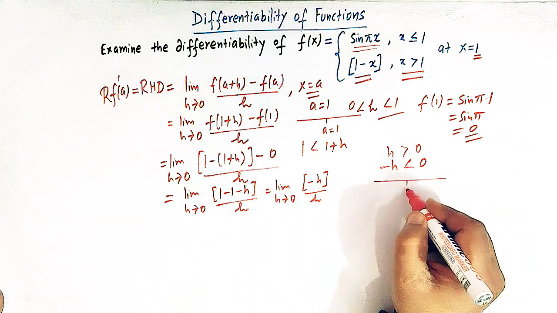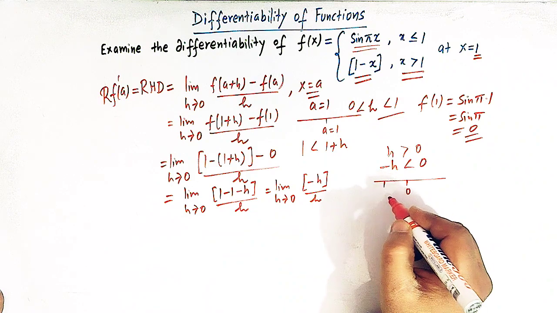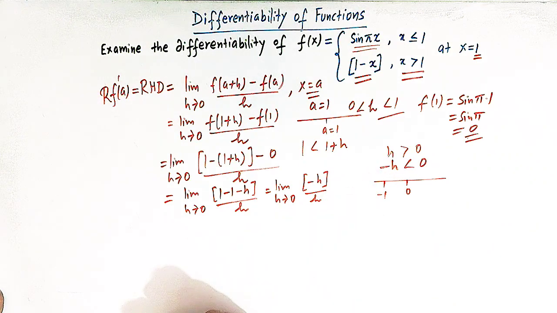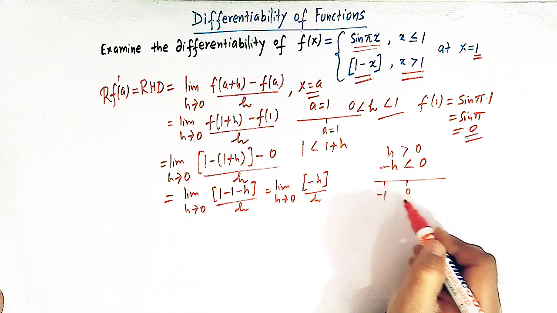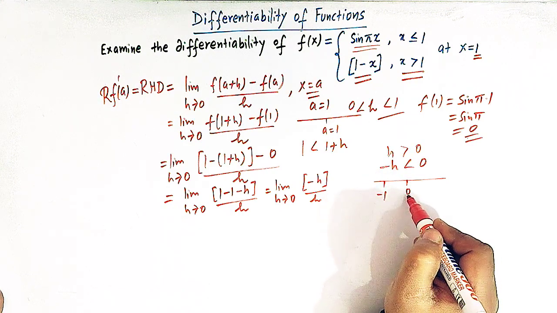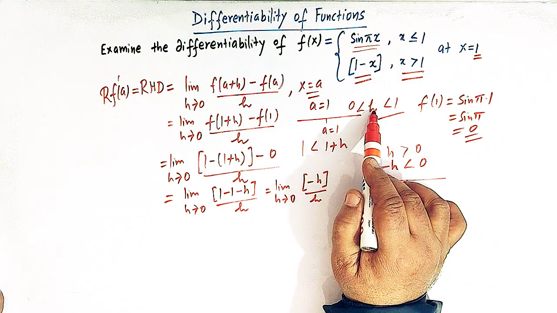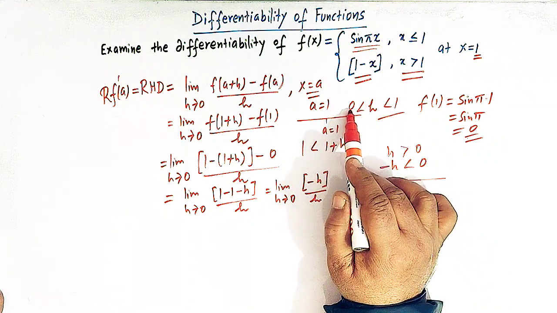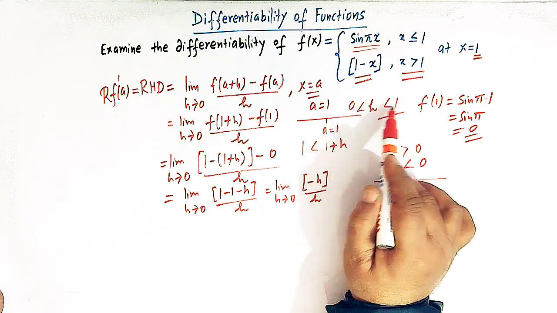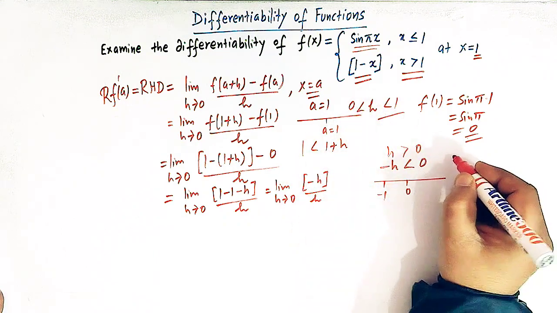And here we have 0, and here we have, say, minus 1, right? And minus h lies between minus 1 and 0, because see, h is greater than 0 but less than 1. So if we multiply this inequality throughout by minus 1, what will we get?